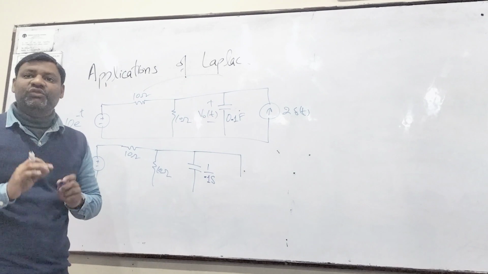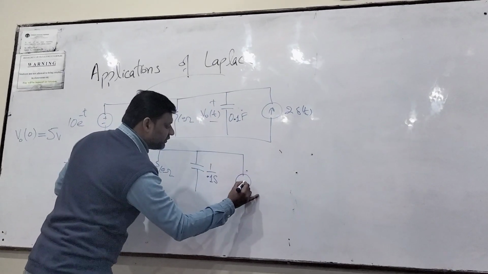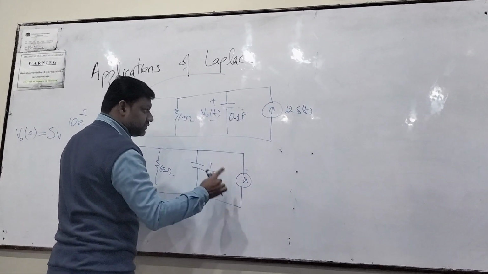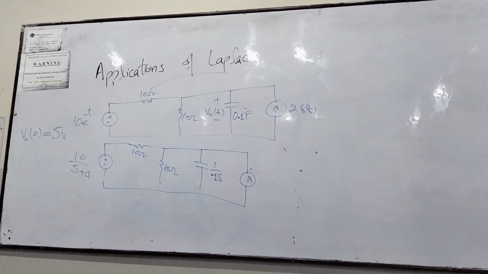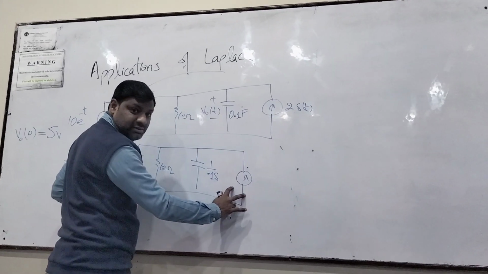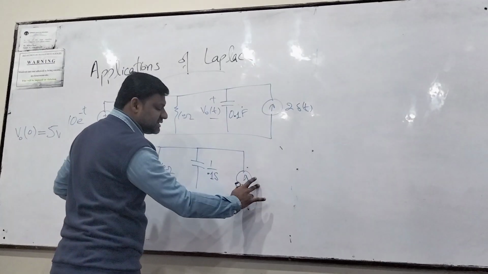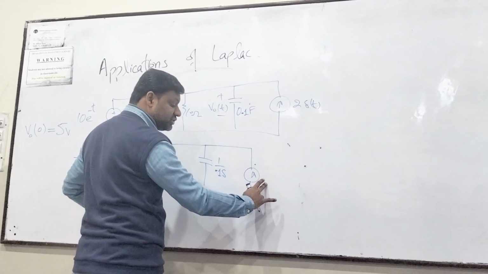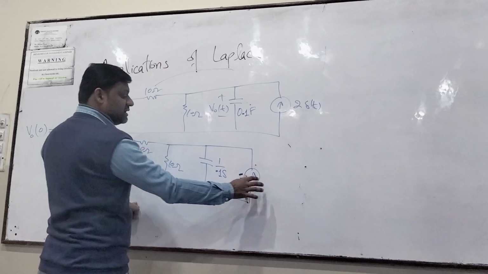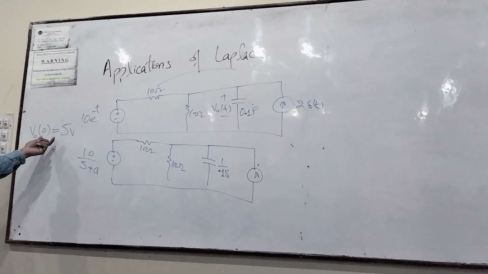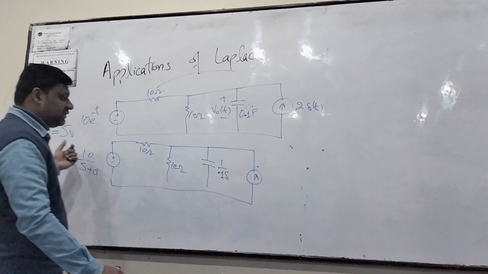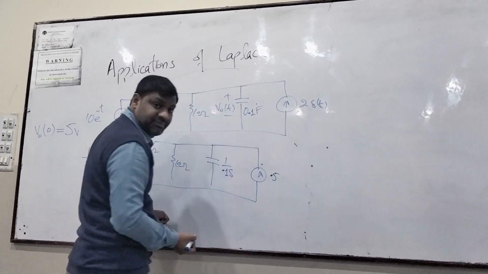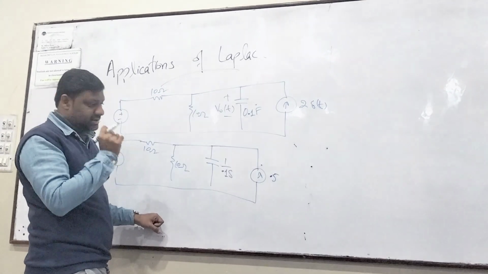For example, if I apply a current source here, it's upward, right? And the magnitude of this is C times V naught, so 5C, and C is 0.1, so it's 0.5.